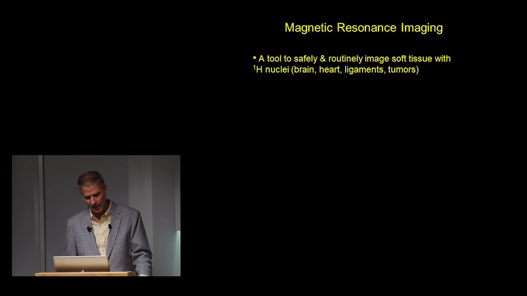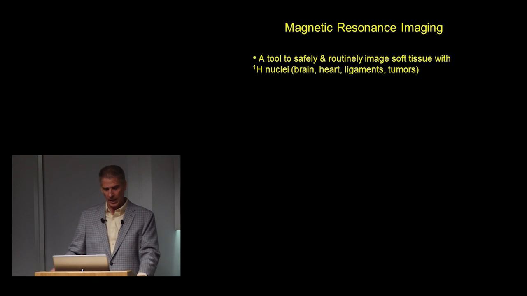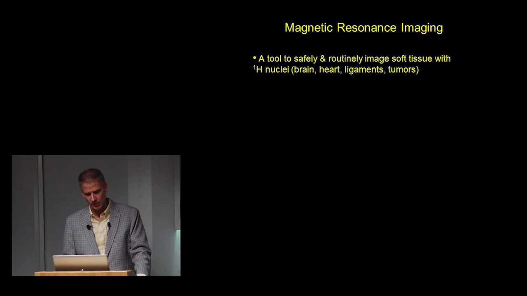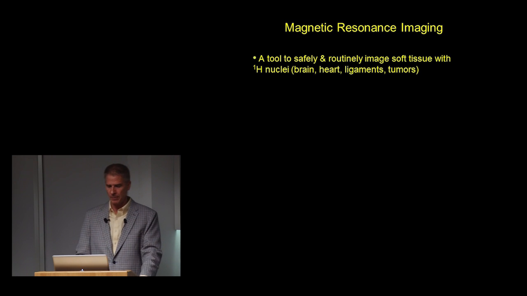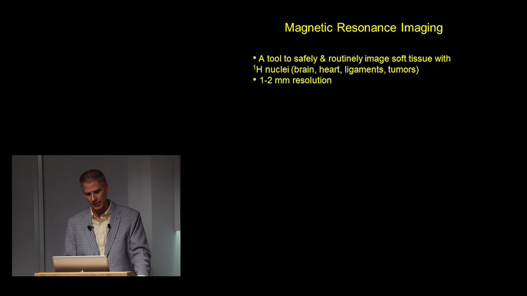It's almost entirely used to image protons, hydrogen, because most of the brain is water, so it's very easy to image that. You can also do spectroscopy, where you image the presence of other nuclei like C13, etc., but that's not commonly done. So it's great for imaging brain, also the heart, ligaments, tumors, things like that.